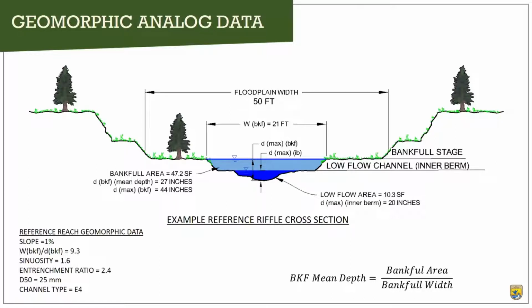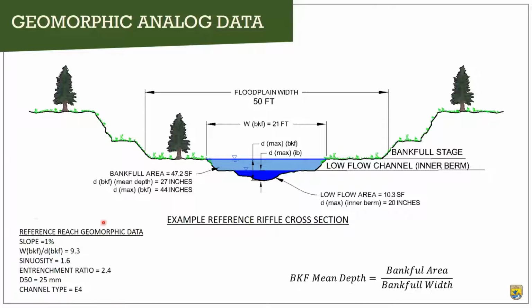We also need to verify this bankfull geometry. It's quite easy to confuse an inner berm for the bankfull surface, especially in larger channels. So we're going to use as many methods as we can to verify that geometry. Regional curves, when we get them in Alaska, will be one method that we might use. There are other ways to do that, and I'm going to talk about that more in the stream surveying section.